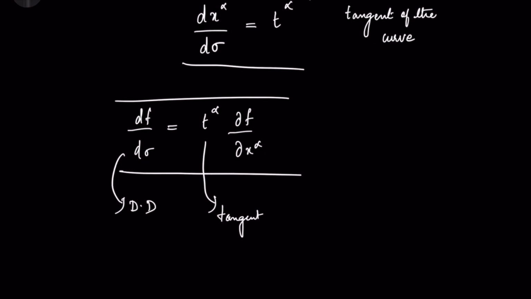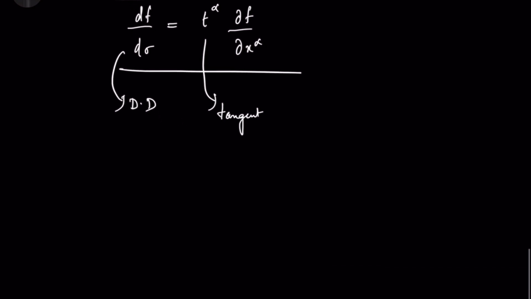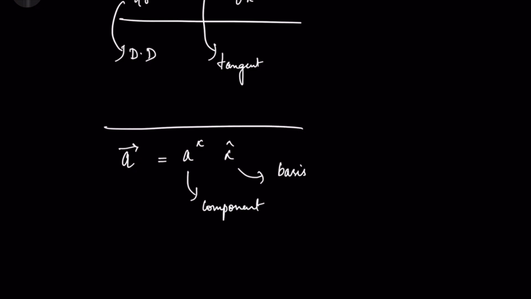Now, we are in pursuit of defining a vector, right? Suppose you have a vector A. I can write vector A as its component multiplied by its basis vector. So A alpha is its component, and this is the basis. This is the general form of a vector. Now compare these two equations.